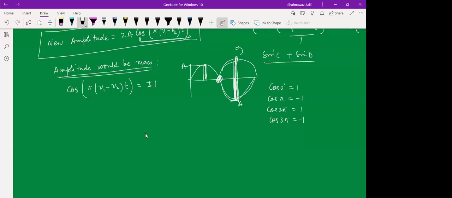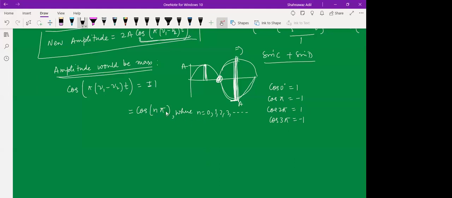So for these cases, whenever the argument of cos is n pi, where n is 0, 1, 2, 3, the value is 1 or -1.